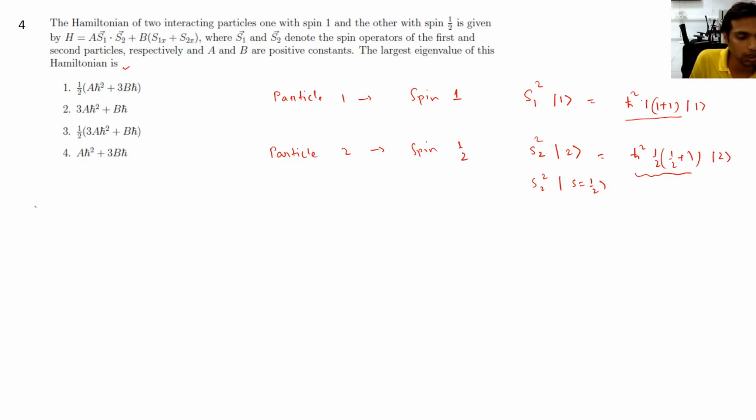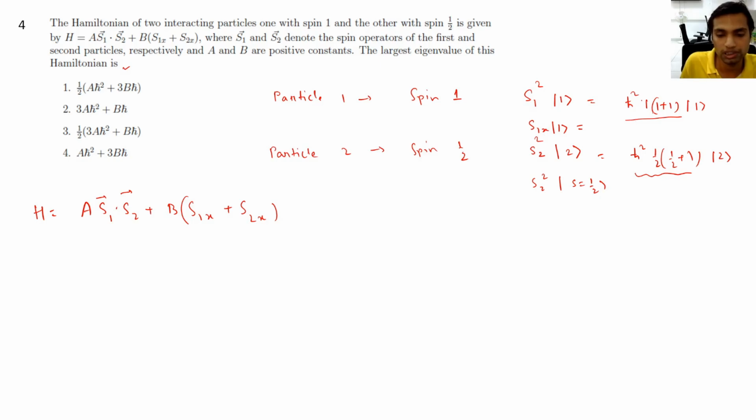So the Hamiltonian H is given by a S1 dot S2 plus b times S1x plus S2x. Now if I want S1x of particle 1, this S1x can have 3 different eigenvalues.